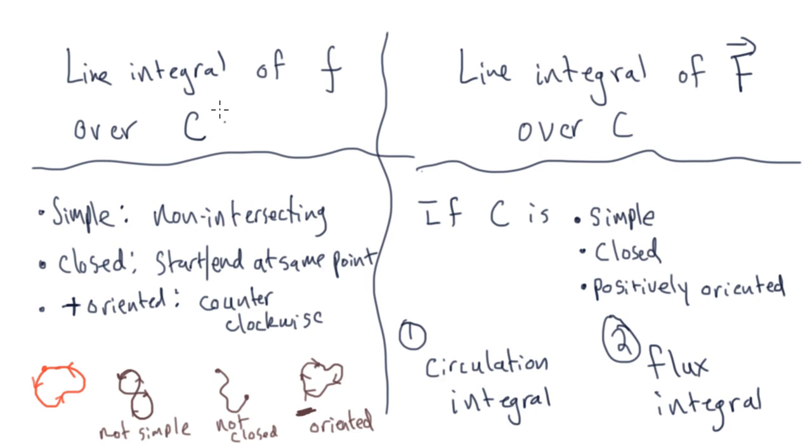We first talked about line integrals of scalar valued functions over oriented curves. Then we talked about line integrals of vector fields over oriented curves. Now, when we have a line integral of a vector field over a closed, simple, positively oriented curve, we can also talk about a circulation integral over C and a flux integral over C. So let's talk about what those mean specifically.